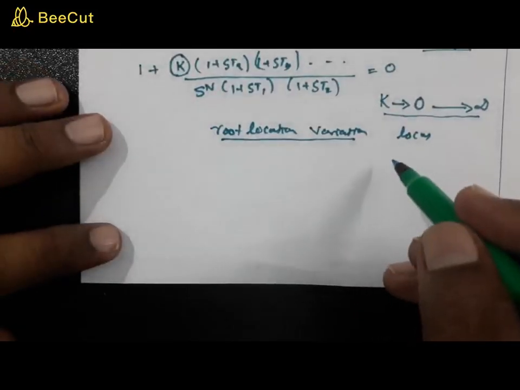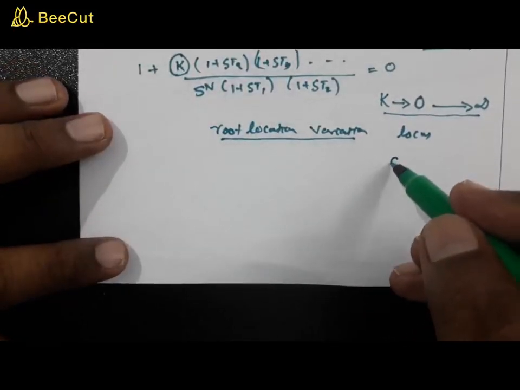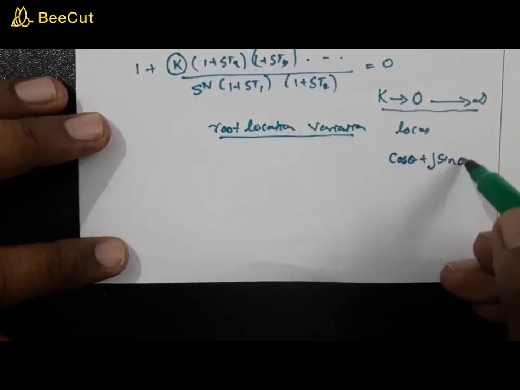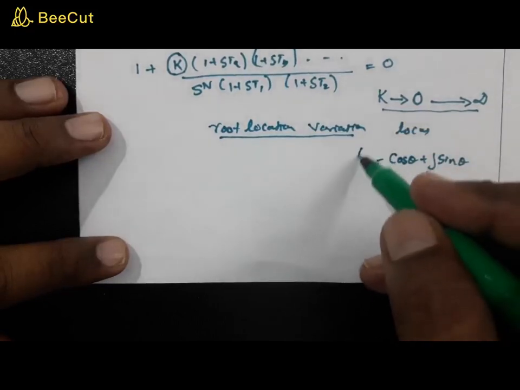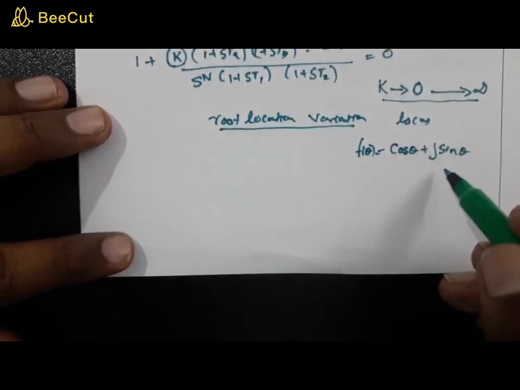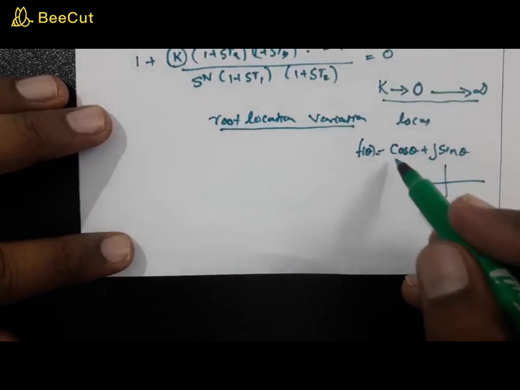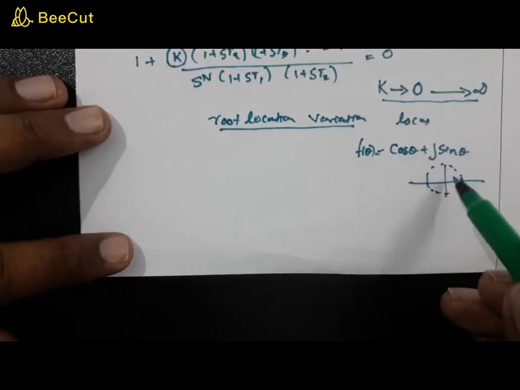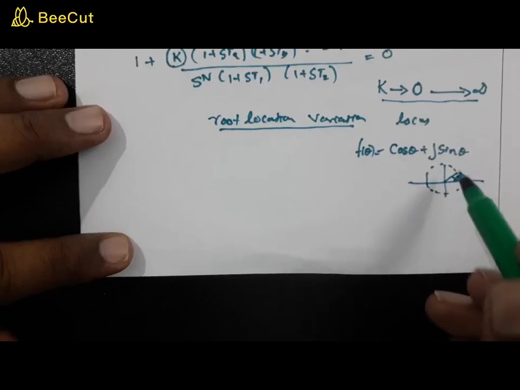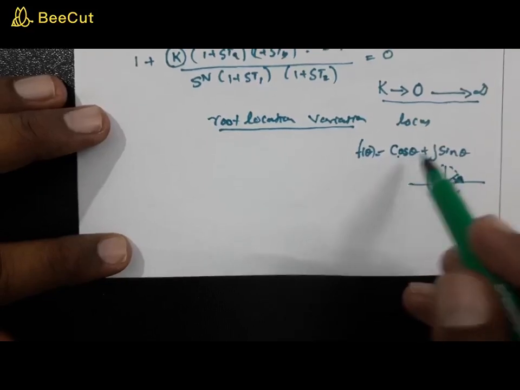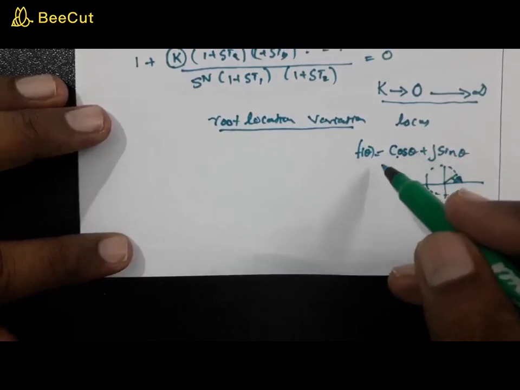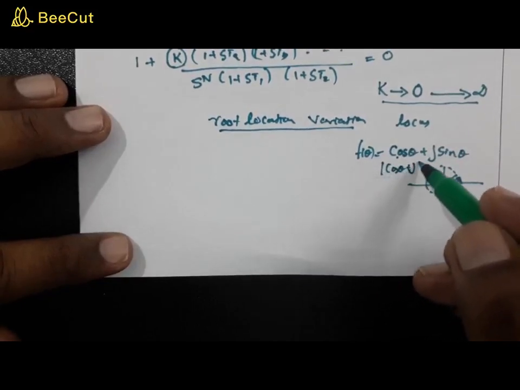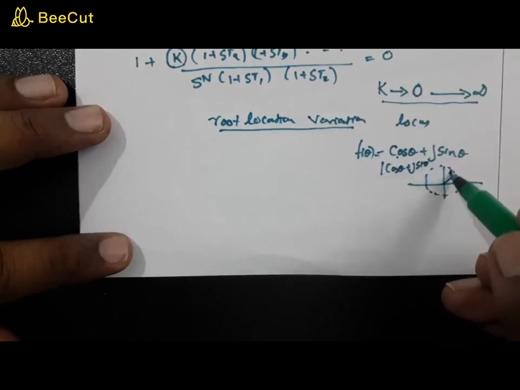For example, if you have something called cos theta plus j sin theta, what is the locus of this function? You will say that this is a circle, because as the angle theta varies, for every theta there will be a value for cos theta and j sin theta, and whenever you take the magnitude of this, that is the magnitude of cos theta plus j sin theta, it becomes equal to 1, right?